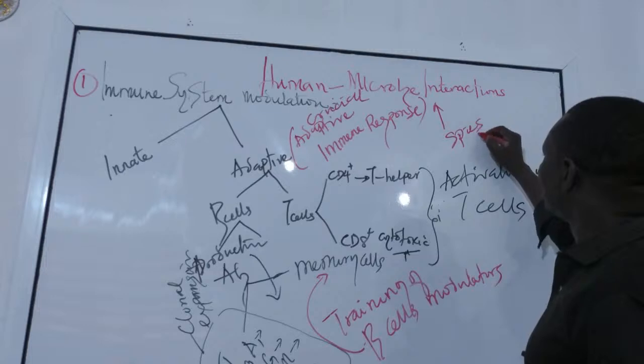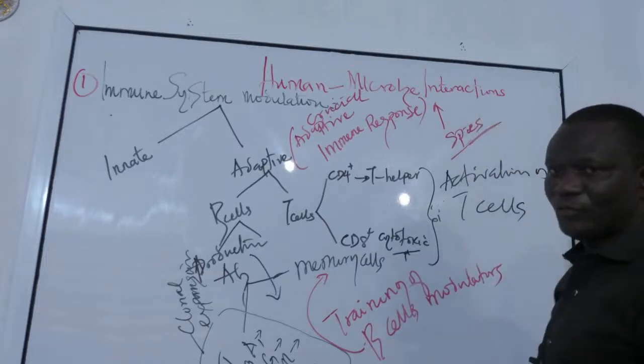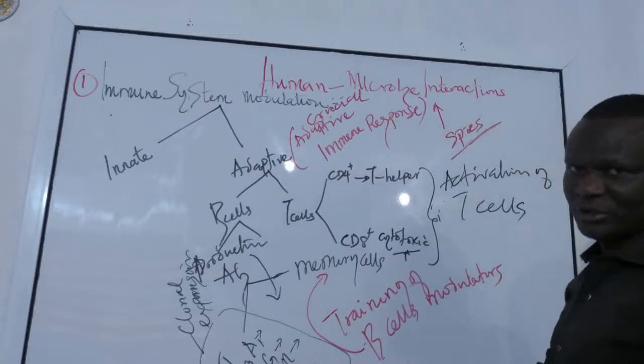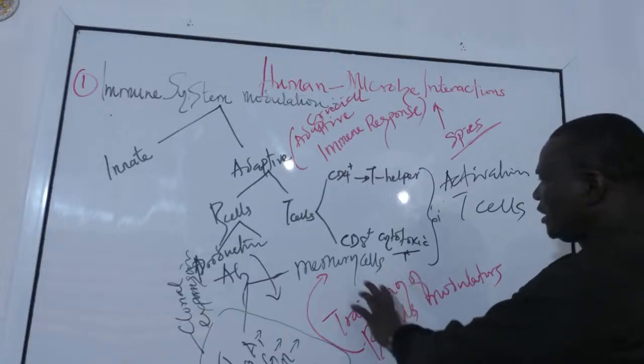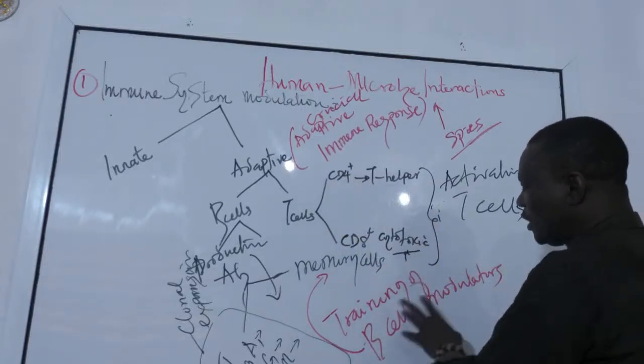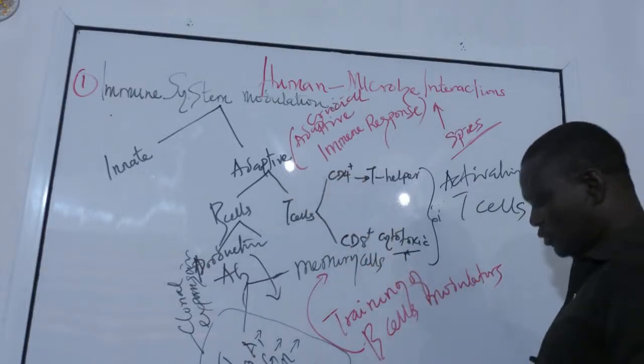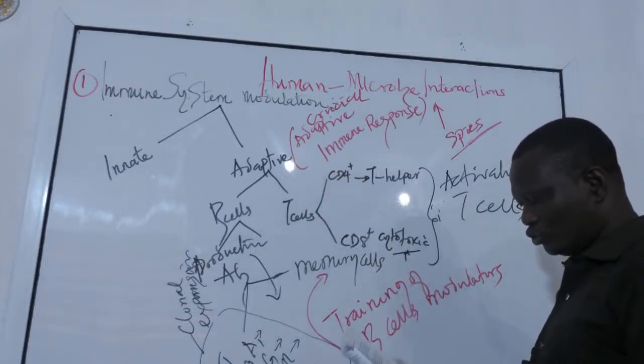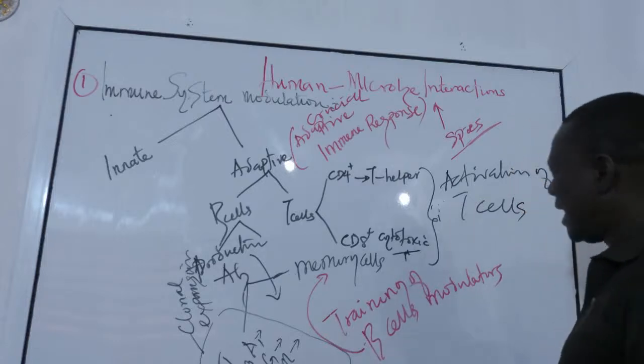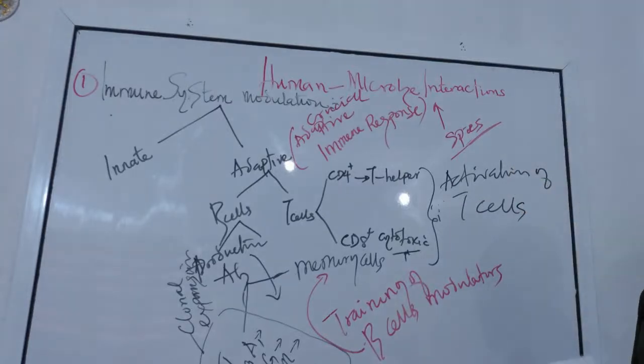They can serve as spies for the prevention of pathogens, especially in training the adaptive arm of the immune system to be able to respond appropriately and specifically.